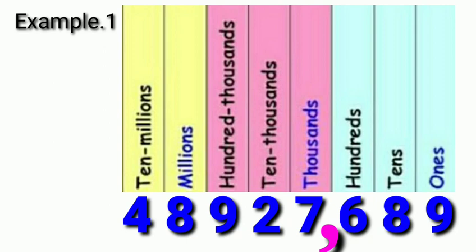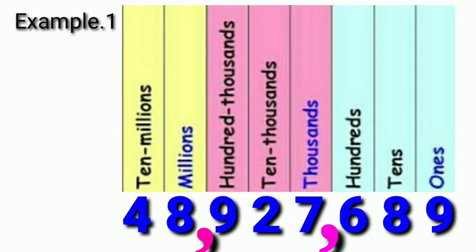After this, we should keep comma. And 48 are in million. Okay. So, say what is the number? 48 million 927,689. This is the number name.